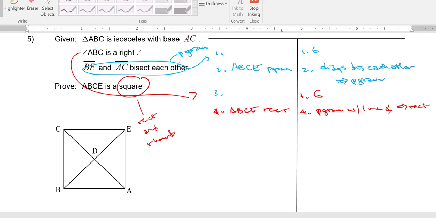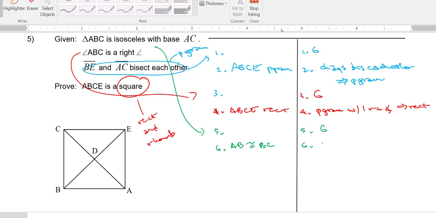Okay, so in my next one, I'm going to say that I have an isosceles triangle here, step 5, and we know that because it's isosceles, AB is congruent to BC. Isosceles triangle: that's two sides congruent to each other, the non-base sides.